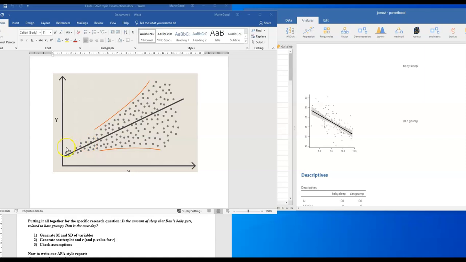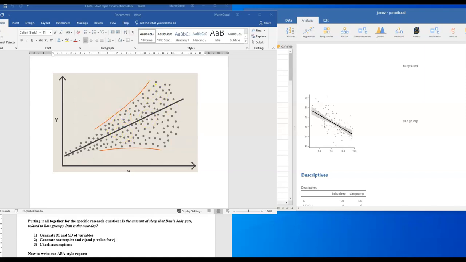See how the dots are very tightly clustered around the line, kind of towards this area of the chart, but the dots get more spread out from each other the further you go along the x-axis. So it's almost like a fan spreading out. And that's a very obvious example of this assumption being violated.